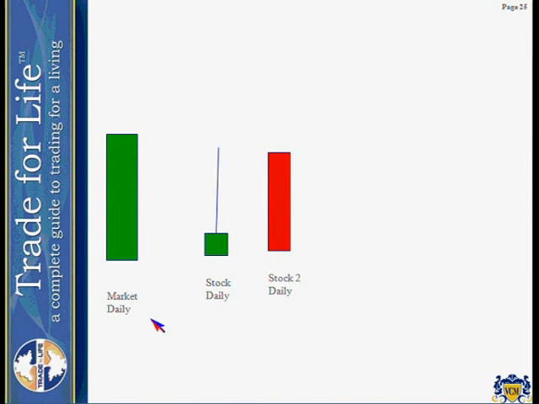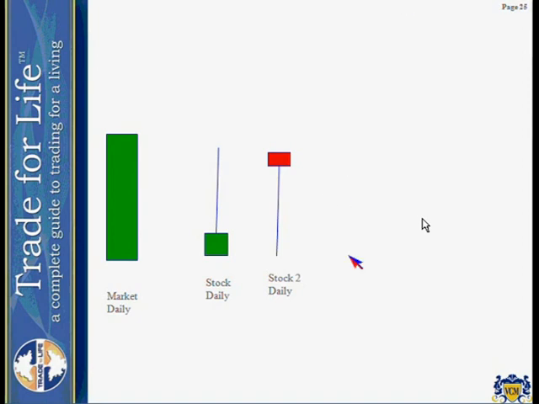Why can't you go short this stock? Because the daily bar of the market says forget shorts. Go long. Find stocks with strong daily bars. Forget stocks with strong bearish bars. Who cares? If the red bar retraces.